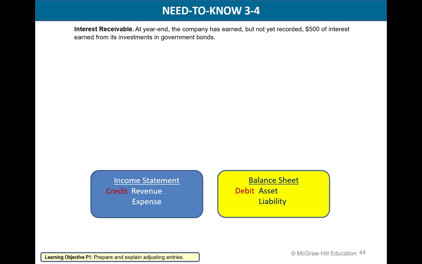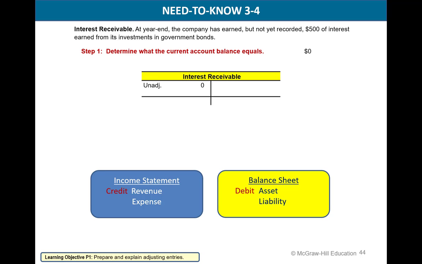Interest receivable. At year end, the company has earned but not yet recorded $500 of interest earned from its investment in government bonds. First thing we need to know is what is the current balance in this account. We have 0. We haven't put anything in there at all. We have $500 of interest we have to record, so that's what the balance should equal when I'm done with my journal entry.